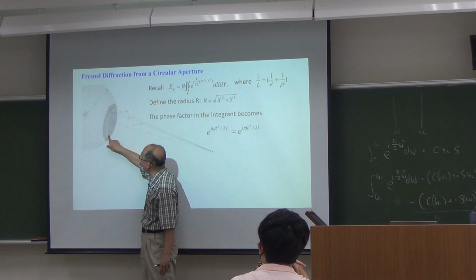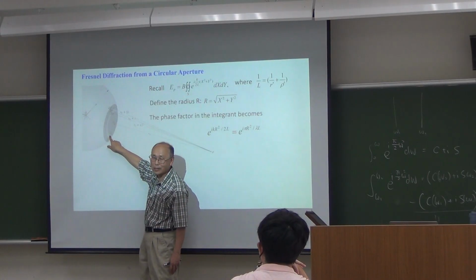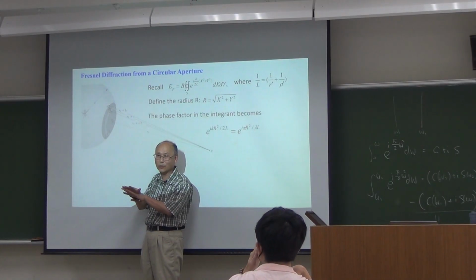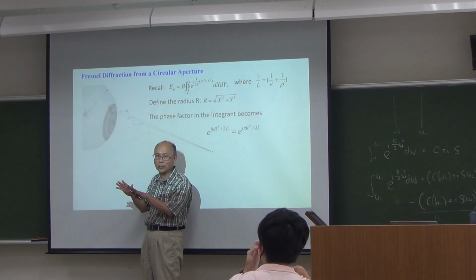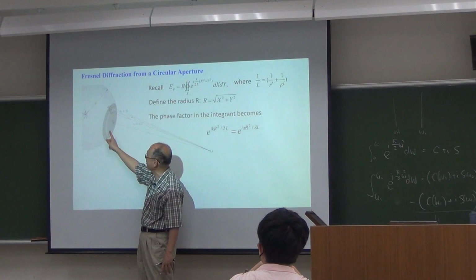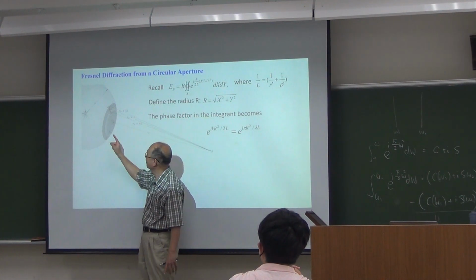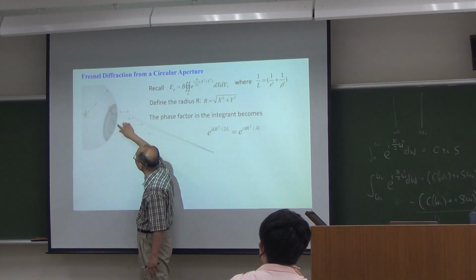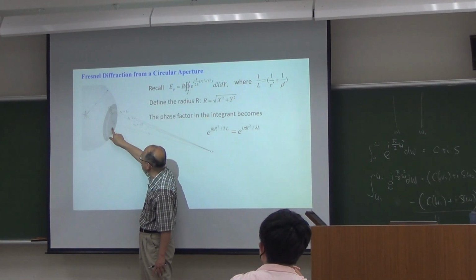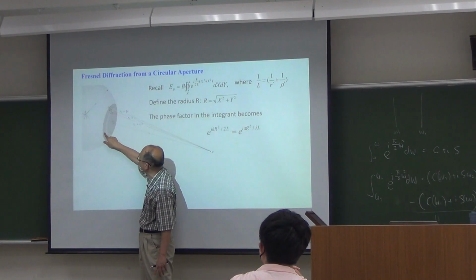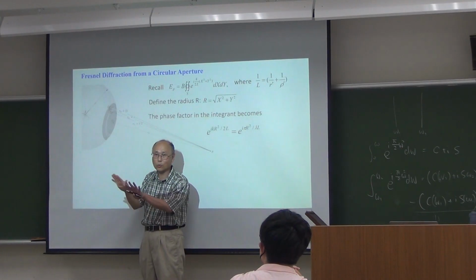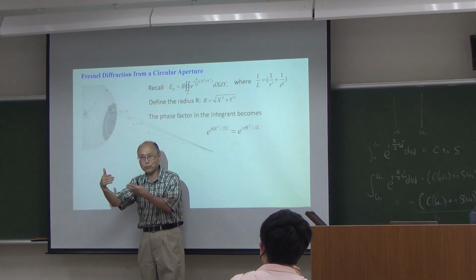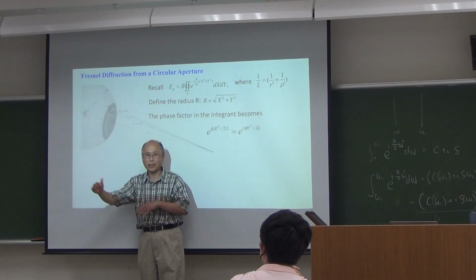But then if I add this zone into the calculation, I start to have destructive interference. Once the phase changes over 180 degrees, you start to have the destructive interference. Okay, so the idea is that if you could block this zone, the second zone, and just do calculation for this zone and this zone with 2 pi phase change, then you can have the bright spot at a certain location.